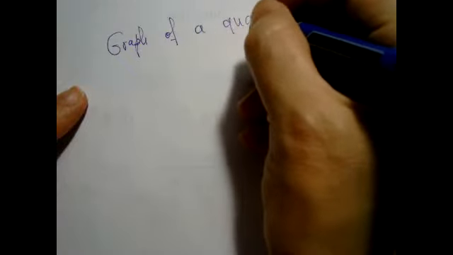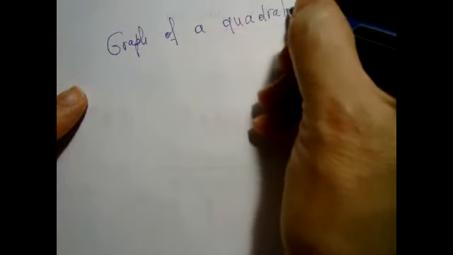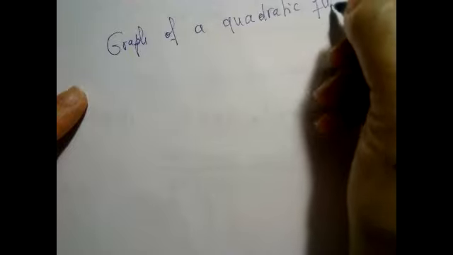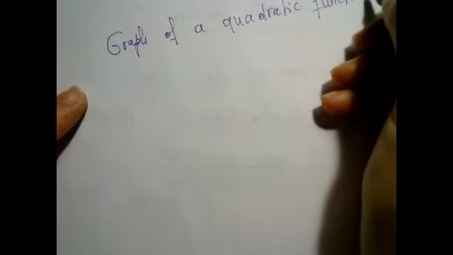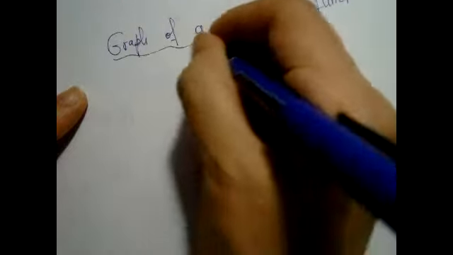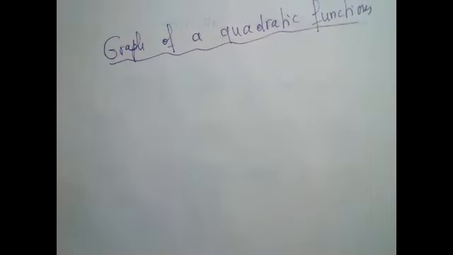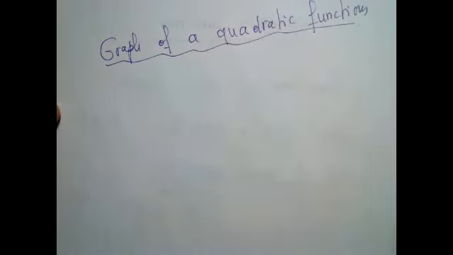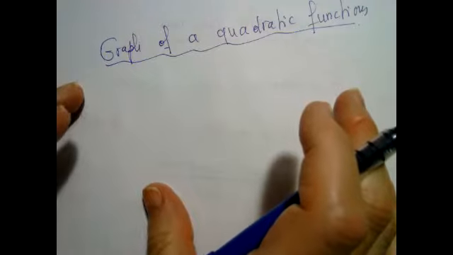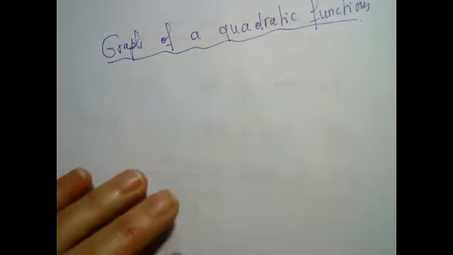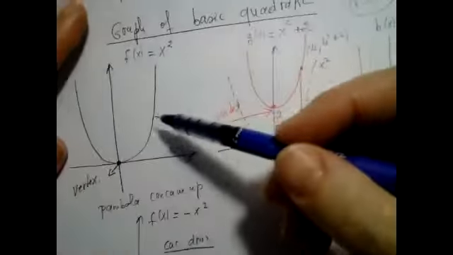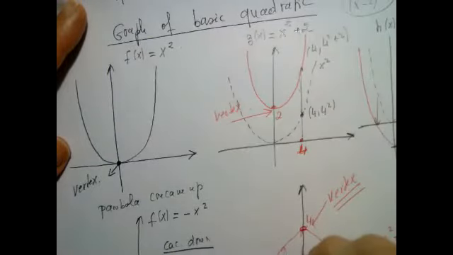So the graph of any quadratic function, in general. We're going to have 2 different pictures, because as you realize here, sometimes it is concave up and sometimes concave down.